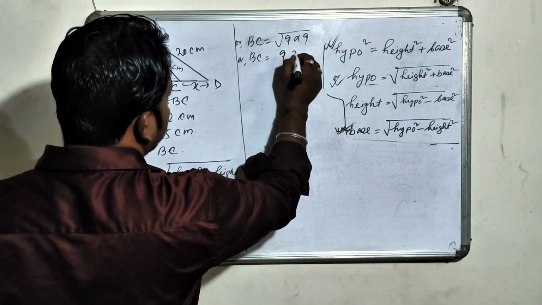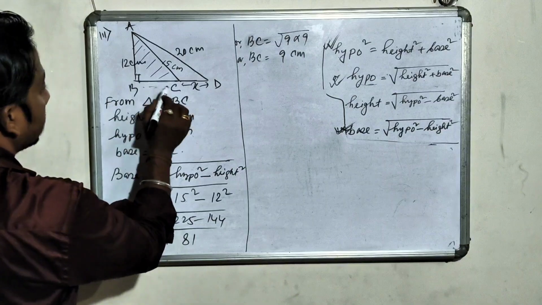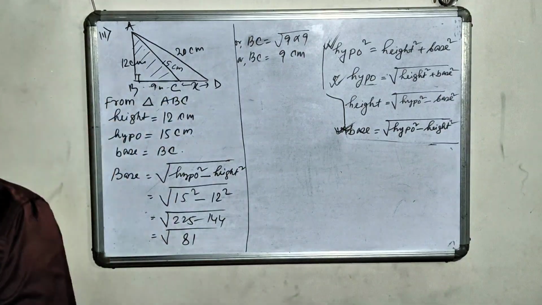BC equals to 9 centimeter. So we'll get the value of BC, 9 centimeter.